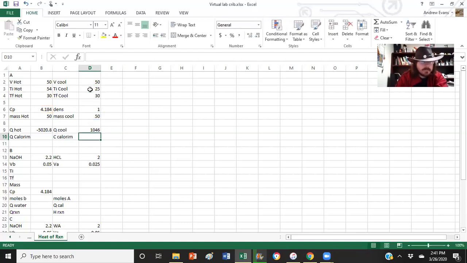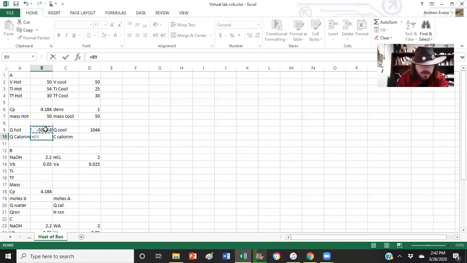So we have a positive value. Now the heat gained by the calorimeter would have to sum up with this one to add up to this. So in this hypothetical situation, Q calorimeter plus Q cool would equal the inverse of Q hot. So whatever this is, divide by -1, and we subtract this value. So that means the rest of the energy must have been absorbed into that calorimeter.